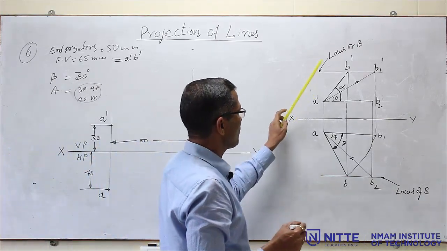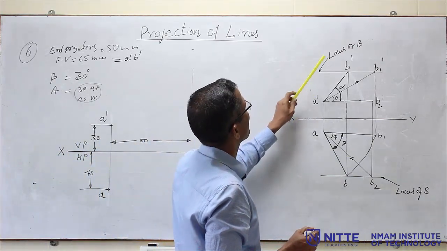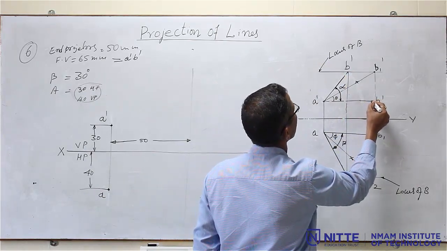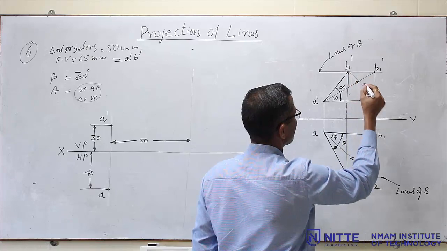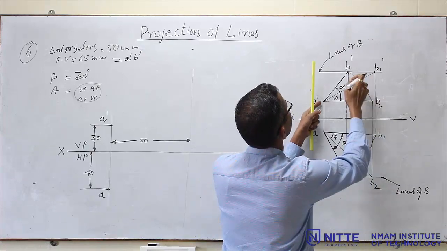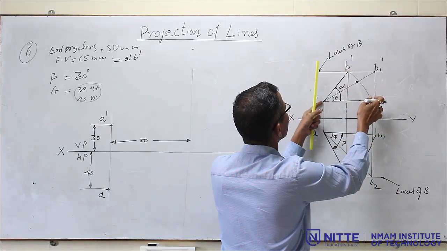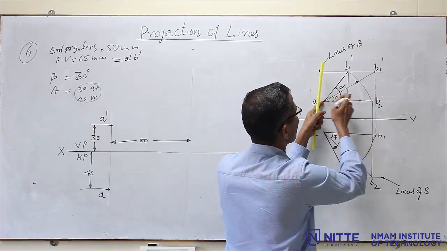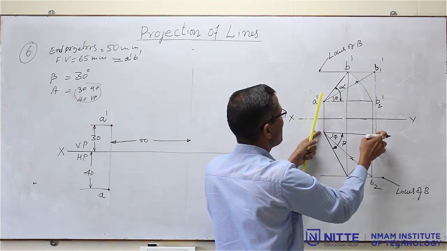Now, when the top view length or front view length is given, you have to remember this. How is this obtained? We are going to draw an arc like this. What is the meaning of that? This length is equal to this much. Then always A dash B2 dash will be a horizontal line, always. Similarly, A B1 will be a horizontal line.